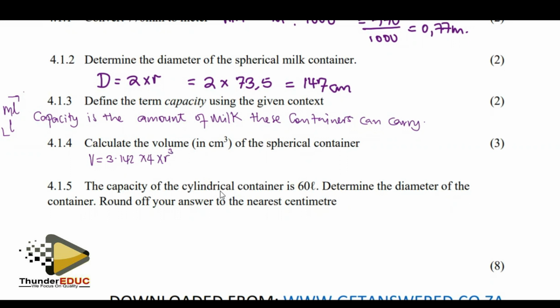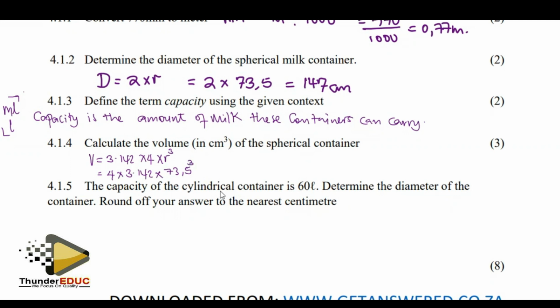All right, this is for a sphere. But we already know the radius is given, so it will be 4 times 3.142 times the radius that we already know as 73.5. It has to be cubed. What answer do you end up having?